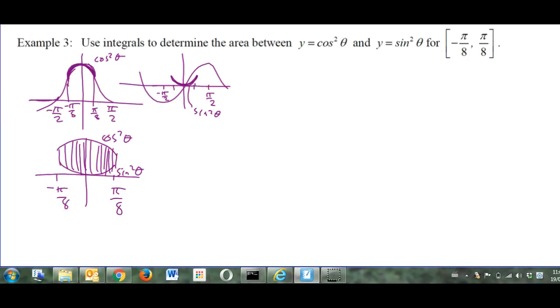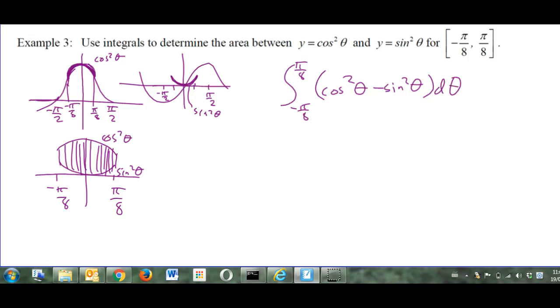All right, so what do we do? We say we want the definite integral, right? We're looking for that area, the definite integral from negative pi over 8 to pi over 8 of cos squared theta minus sine squared theta d theta.